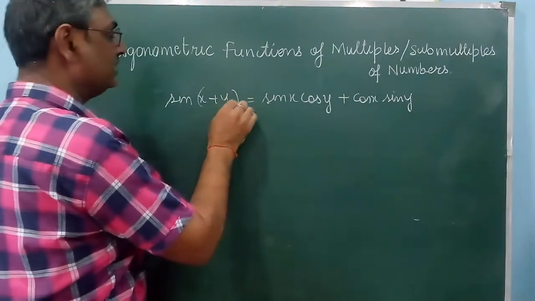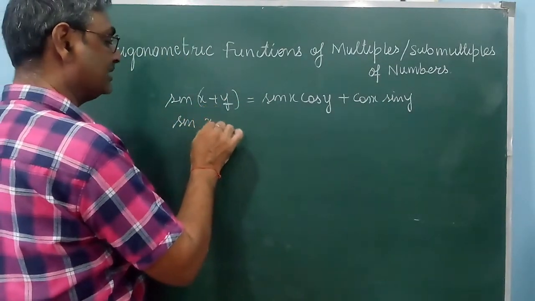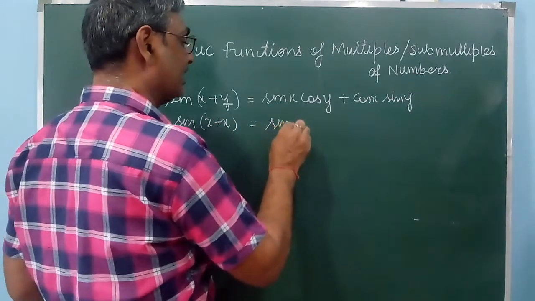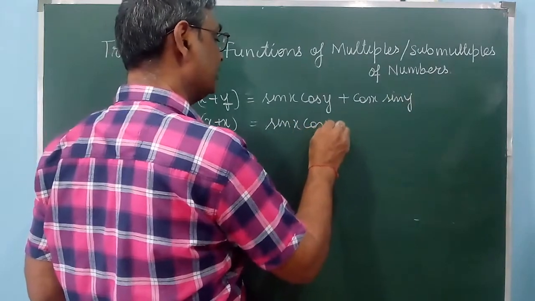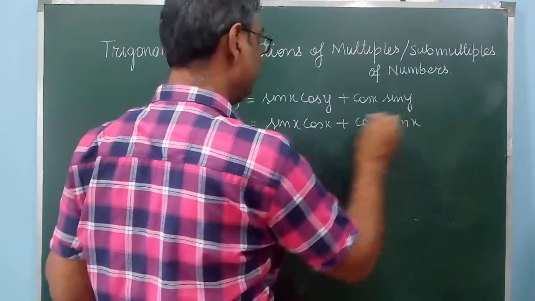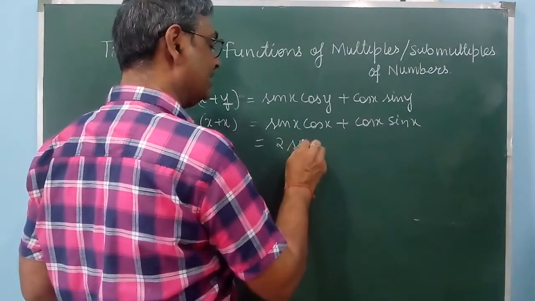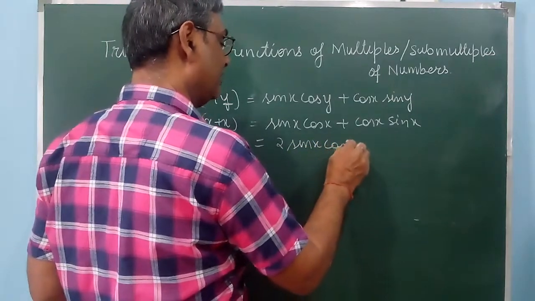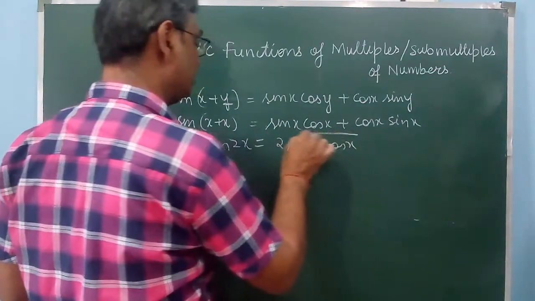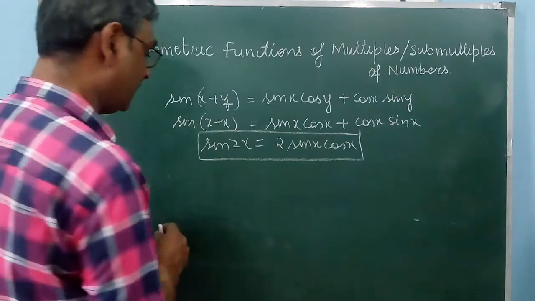Now in place of y, if I put x, it will become sin(x + x), that means sin x cos x + cos x sin x. This is sin x cos x plus sin x cos x, which is 2 sin x cos x, that is, sin 2x. The formula is sin 2x = 2 sin x cos x. This is the first formula for multiples.